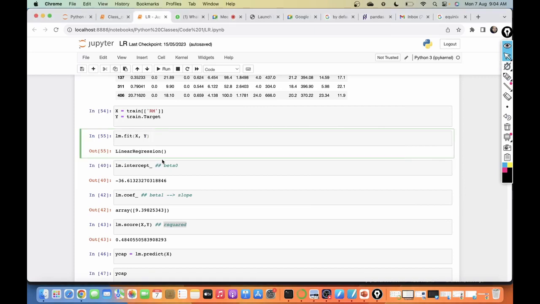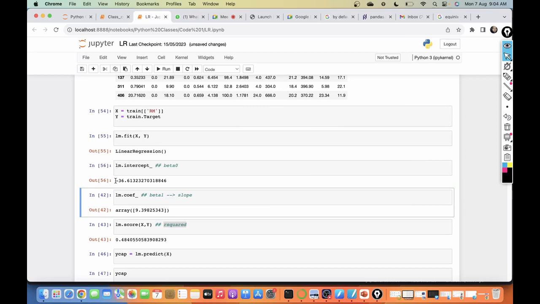Now we can find lm dot intercept, which gives the intercept value, and lm dot coef gives the coefficient value. So now we have understood y equals beta naught plus beta 1 x1.